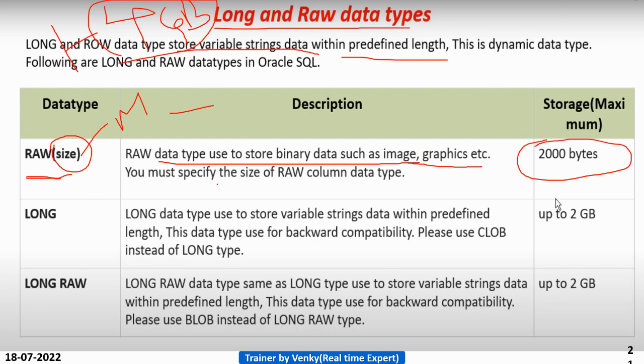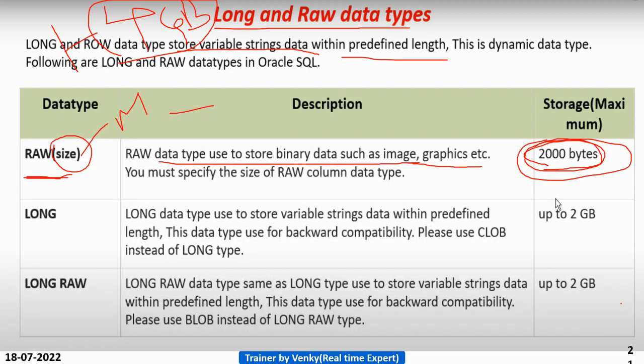So I will simply go with the RAW data type by allocating 2000 bytes. The maximum RAW data type stores is 2000 bytes.